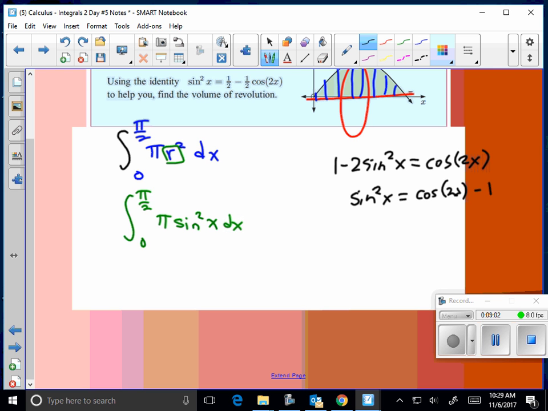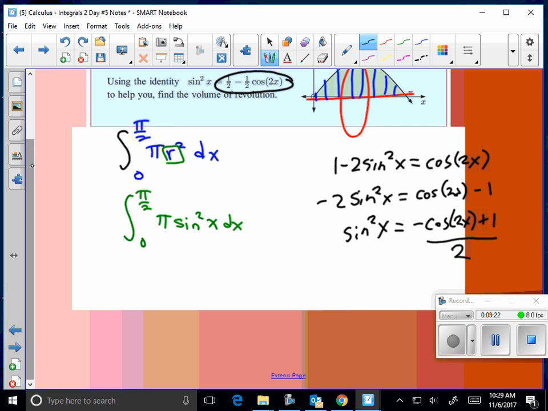So I subtract 1, and then divide by negative 2. So sine squared x equals negative cosine 2x plus 1 over 2. Whew. That was all just to get that thing, right? I wanted to show you the math behind it just so you're aware.